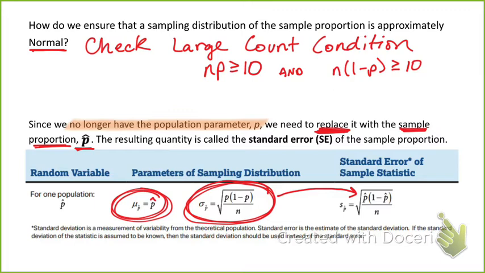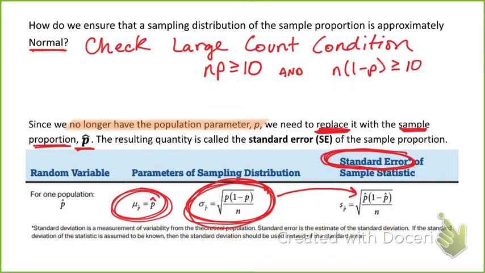So basically, when you do a problem, if you're given the population value, which is rare now, going forward, use it. But if you're not given the population value, use your sample value. That's all. No big deal. So if you have the actual population value, then you can call that the standard deviation. But if you are using p hats, it's called the standard error.